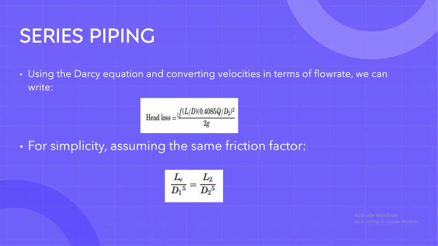Since we said the head loss should be equal, then if you cancel out and simplify, you get L equivalent times D1 to the power 5 is equal to L2 times D2 to the power 5. Of course, this comes from here, you get D squared, then simplify, and you see that it will simplify to D to the power 5.